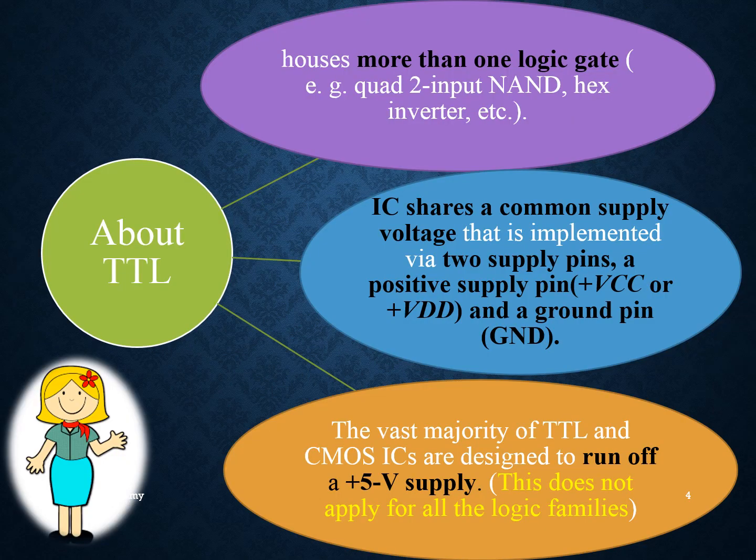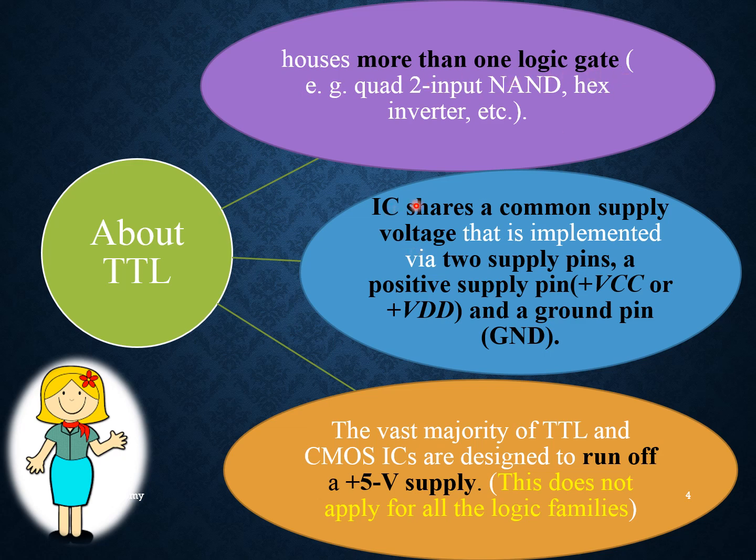Let's see about TTL. TTL ICs house more than one logic gate. Example, quad 2 input NAND, then hex inverter and so on. Keep in mind this highlighted point, more than one logic gate.